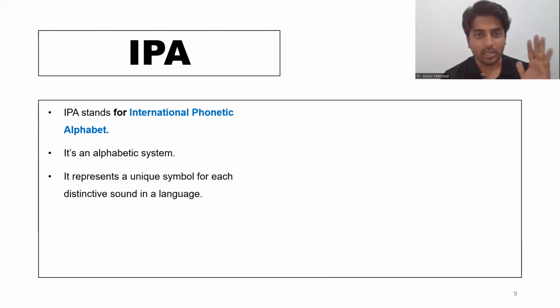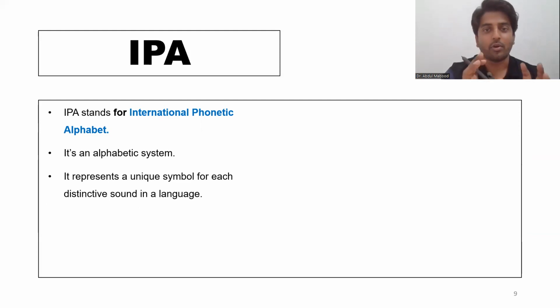The alphabet of English or Assamese or Bengali has the purpose of forming words, right? We form words with the letters. Here, the purpose of IPA is a bit different.